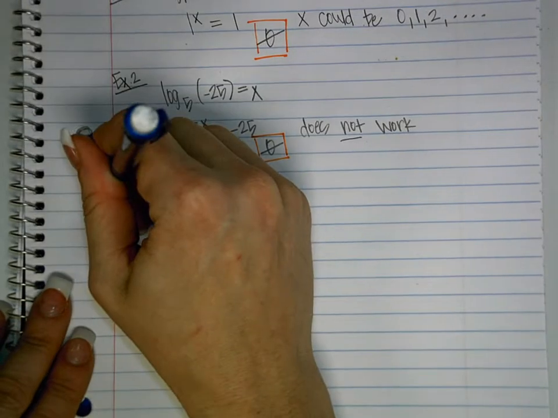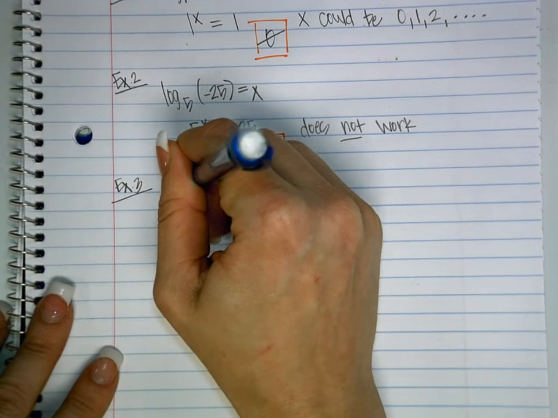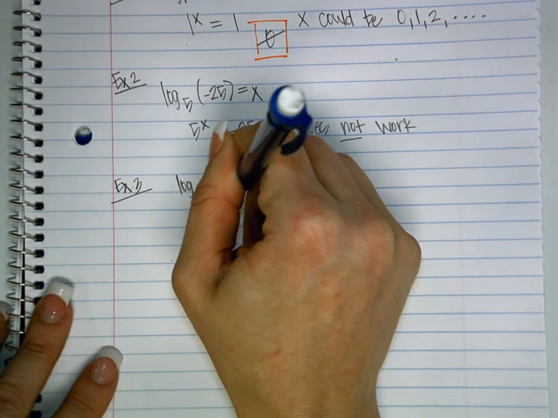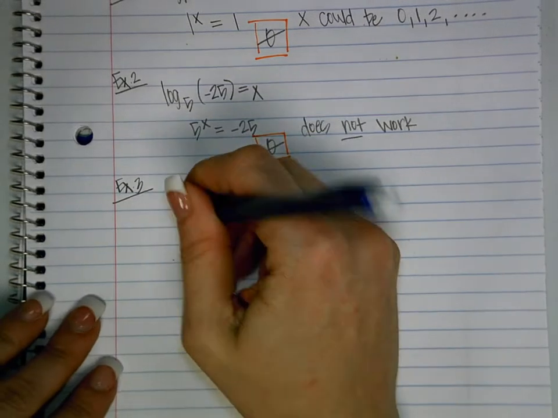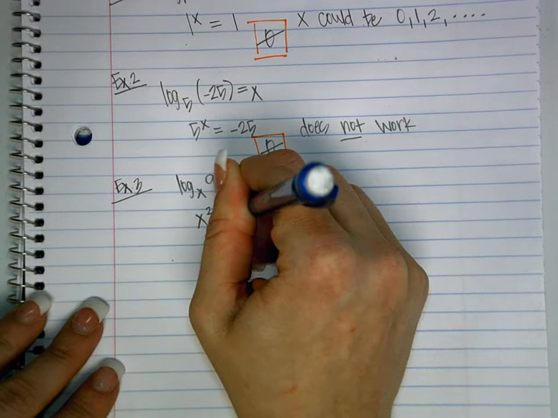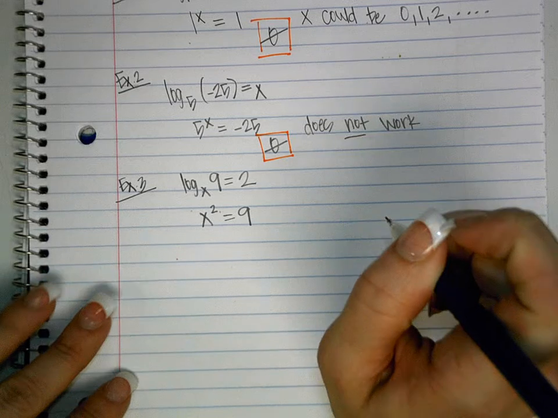Another special one. Number 3, simplify log base x of 9 equals 2. Oh, you better check this one again. 2 is the exponent on x that makes 9. Nothing squared gives you 9? For sure it does.